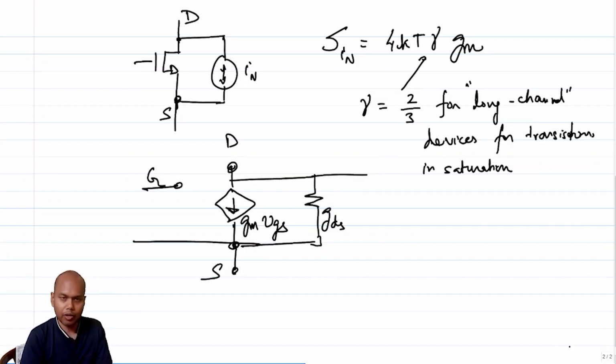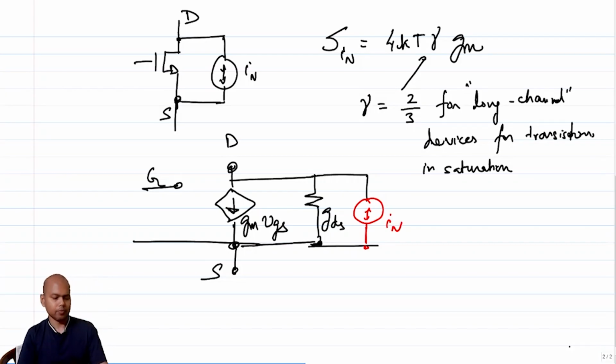In most of the course, we are going to neglect it unless otherwise mentioned. But let's not get sidetracked. Let's get back to our noise model. So our noise model will essentially be here. This will be IN.